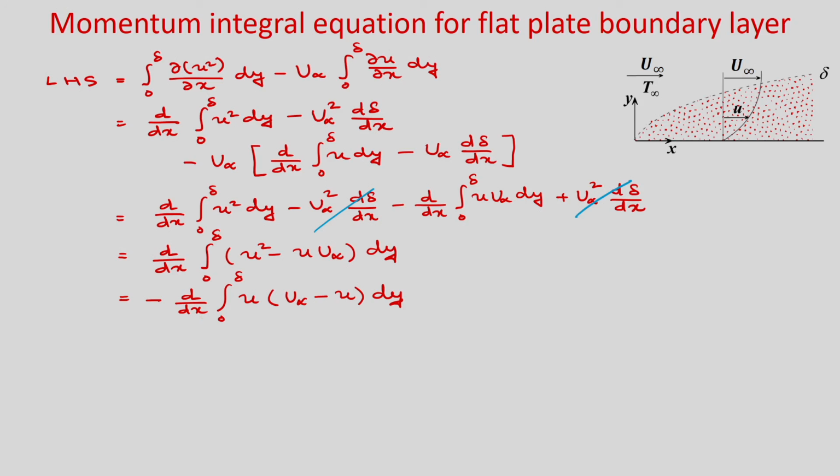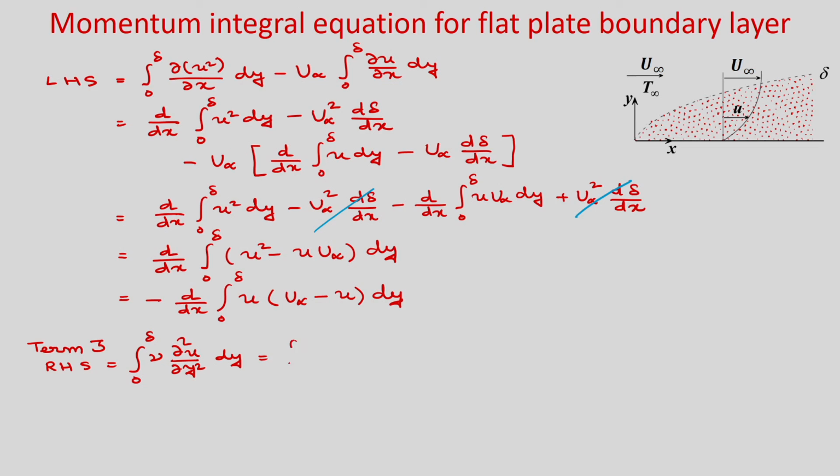Okay. Now, let us consider the third term, which was in the right hand side of the boundary layer equation. So, you have ∫₀^δ ν ∂²u/∂y² dy. Okay.